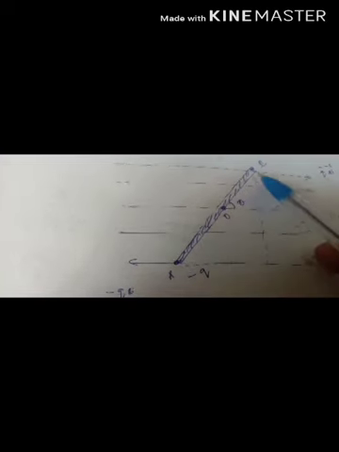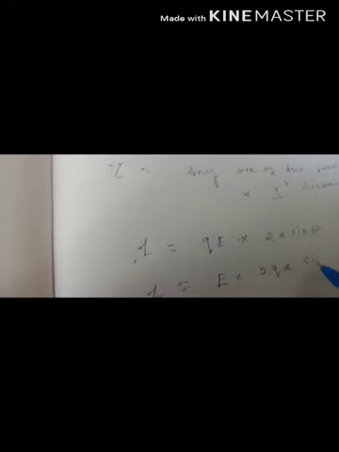The perpendicular distance is 2a sin theta, where the dipole length is 2a and the angle is theta. So the torque is equal to the force QE times the perpendicular distance 2a sin theta, which is E times 2qa sin theta.